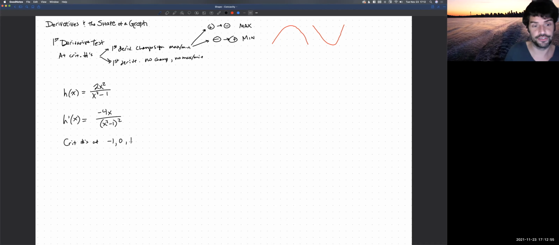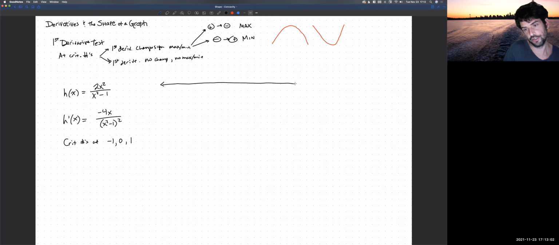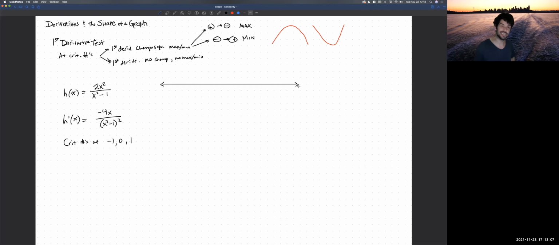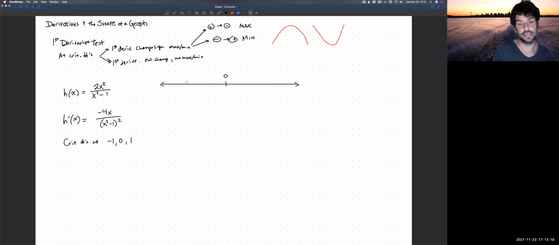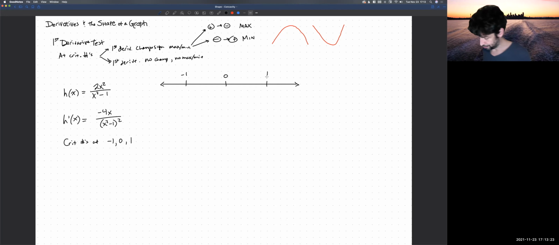So this is all in the previous video. And what we did with these critical numbers, so at the critical numbers -1 and 1, the derivative doesn't exist. So we couldn't really use the first derivative test there anyhow. But we did find that at the critical number 0, we had a local maximum. The way we did this is we looked at the value of the first derivative in these 4 regions of the real number line, right?